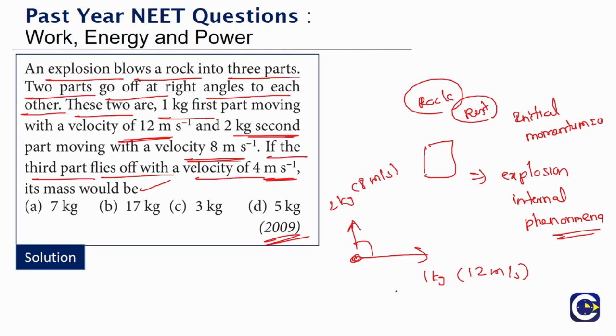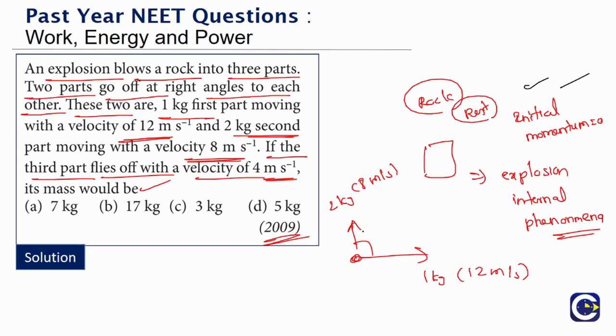Now the third one will have to move in such a way that the total momentum of these 3 particles will add up to 0. Why? Because the initial momentum of the rock is 0. Because momentum is a vector, when we add up the momentum of the particles, that should add up to 0.